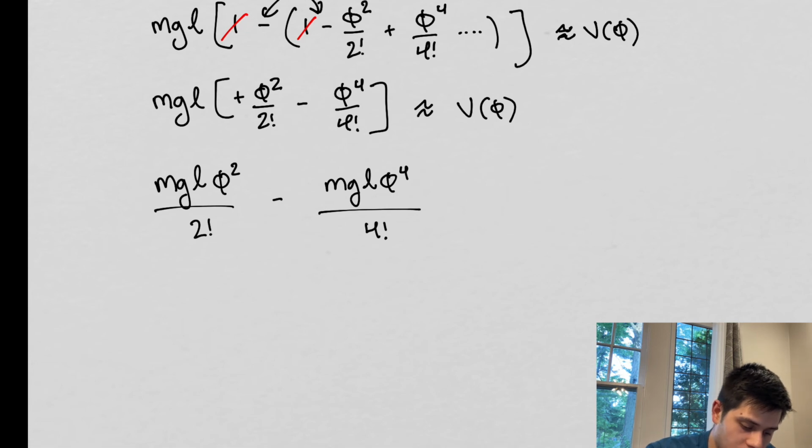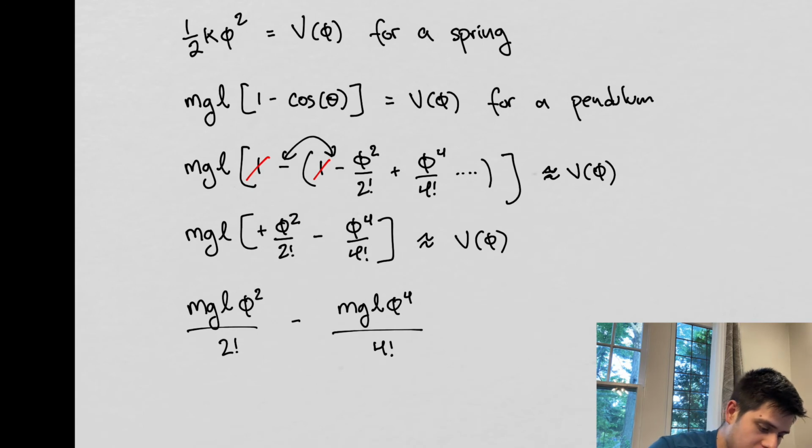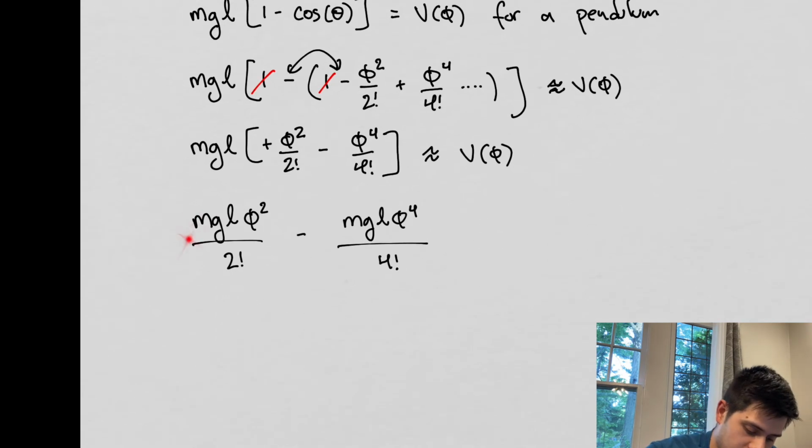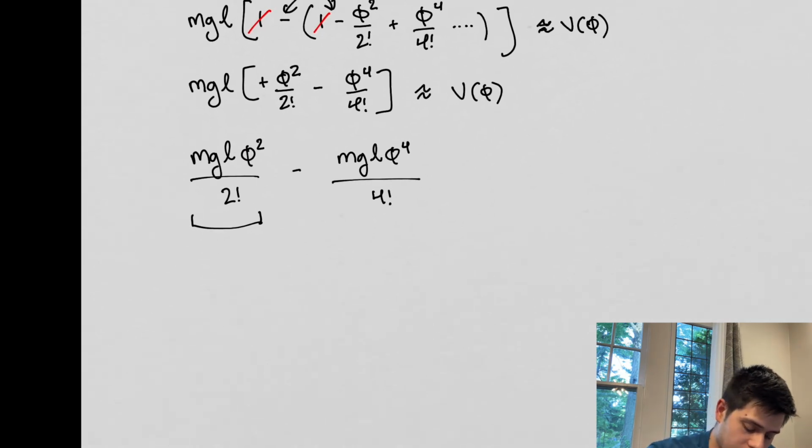Well, if you remember this right here, for our spring, we had some constants times the square of our value. Same thing right here. We have some constants times the square of our field value. So this here is really just a modeling of a spring.